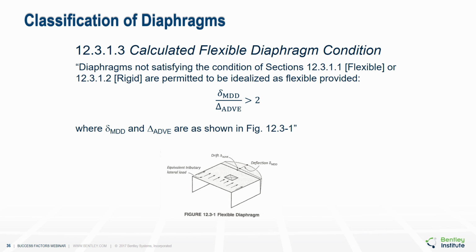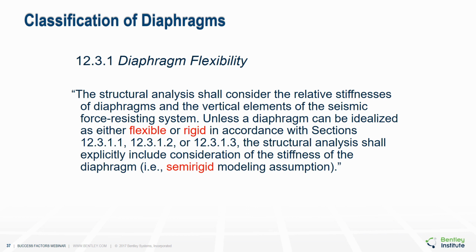If the amount that the diaphragm deflects is more than 2 times the amount that the adjacent lateral frames deflect, the diaphragm is considered sufficiently soft that it can be idealized as flexible. Of course, this requires the calculation of the diaphragm displacements. So all of this gets us back to section 12.3.1 that says that if the diaphragm does not qualify either as flexible or as rigid, it must be analyzed as semi-rigid, considering the true stiffness of the diaphragm.